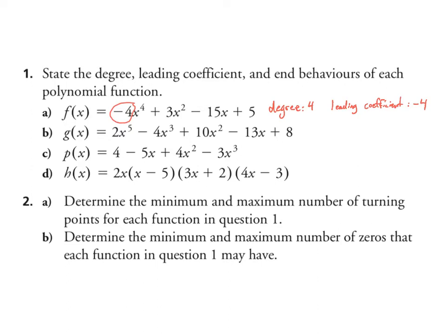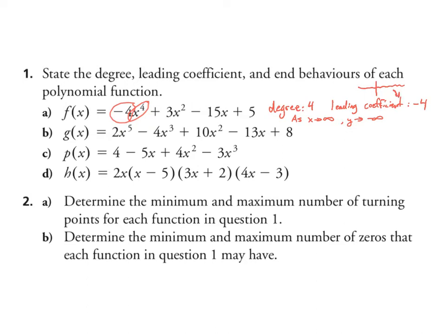End behaviors of each polynomial. Well, since the leading coefficient is negative, we know that as x approaches infinity, y approaches negative infinity. And since the degree is 4, I'm going to jot a little graph here. I already said it's a negative leading coefficient, so we know that it ends this way.